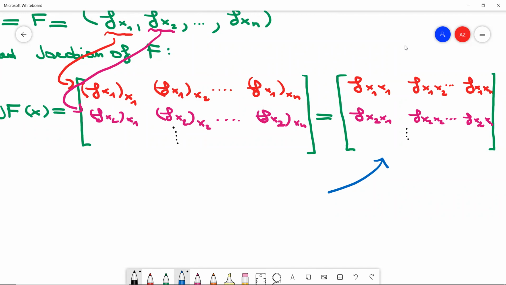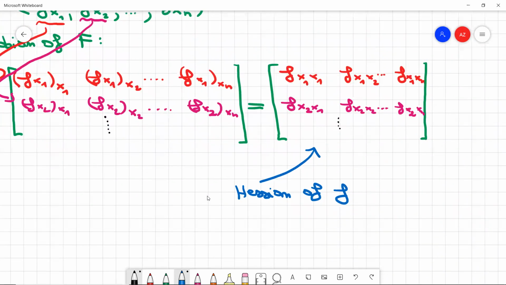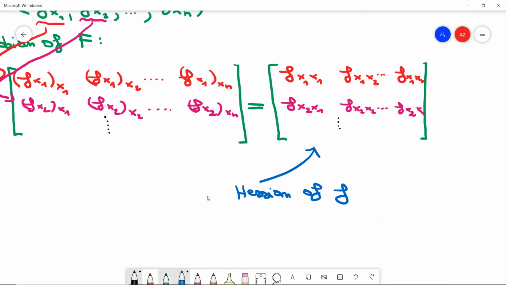And we had to calculate this matrix of second derivatives, and we call this the Hessian of f. We will denote it by H of f. So this will be H of f calculated in the point A. This means that we plug in A here, and the same in the second row.